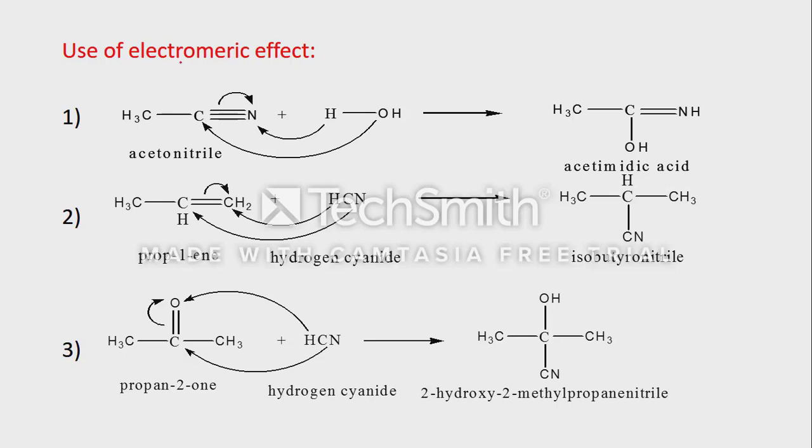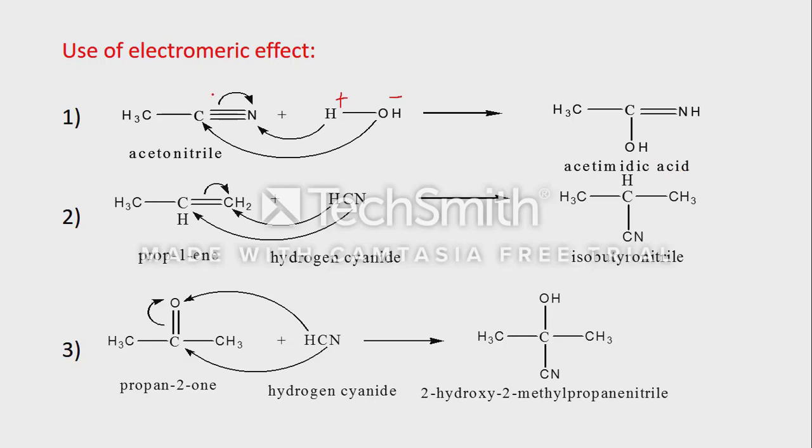In the reaction of acetonitrile and water, the hydrogen in the water molecule is the positive species and the hydroxide ion is the negative species. Acetonitrile reacts with water to produce acetamide.